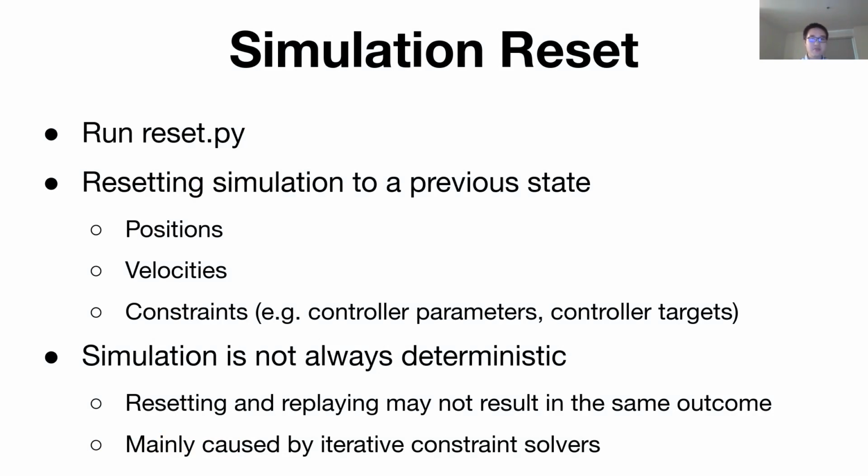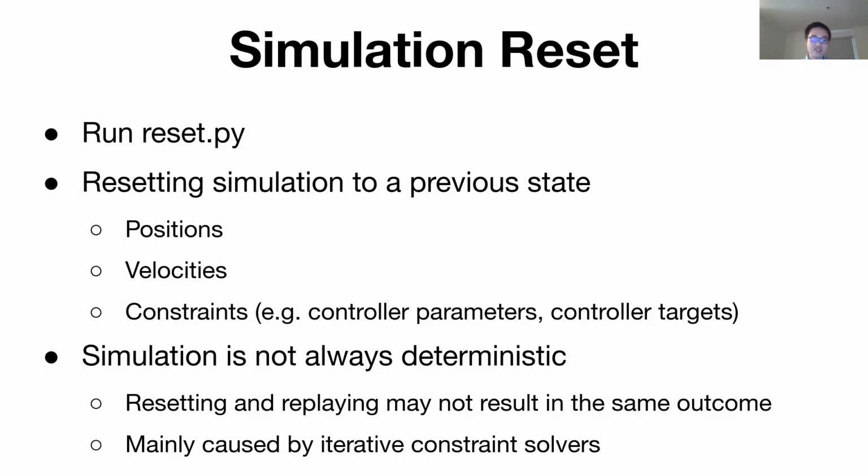So in resetting simulation, we should always remember to reset everything, including positions, velocities, and constraints, such as controller parameters and controller targets. The other thing to note is that the simulation is not always deterministic. Resetting and replaying may not result in the same outcome.